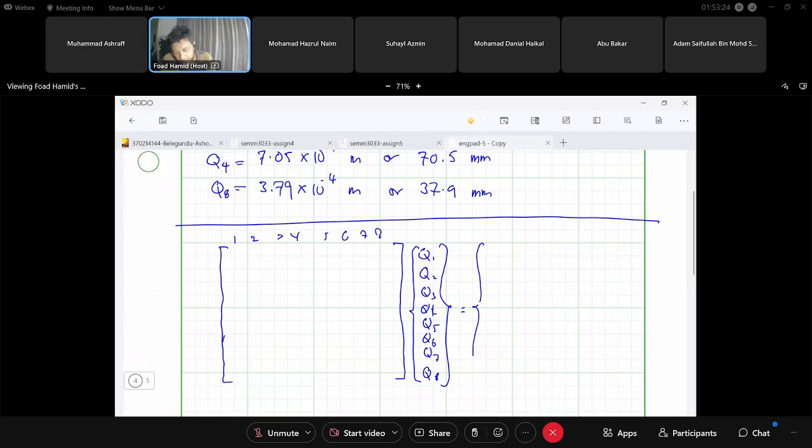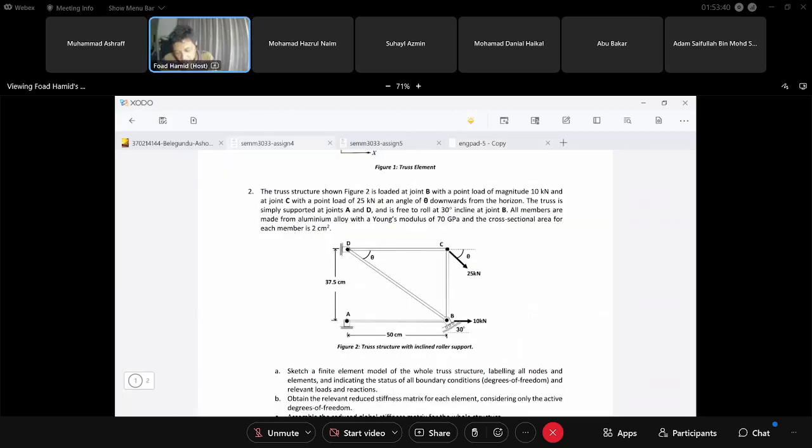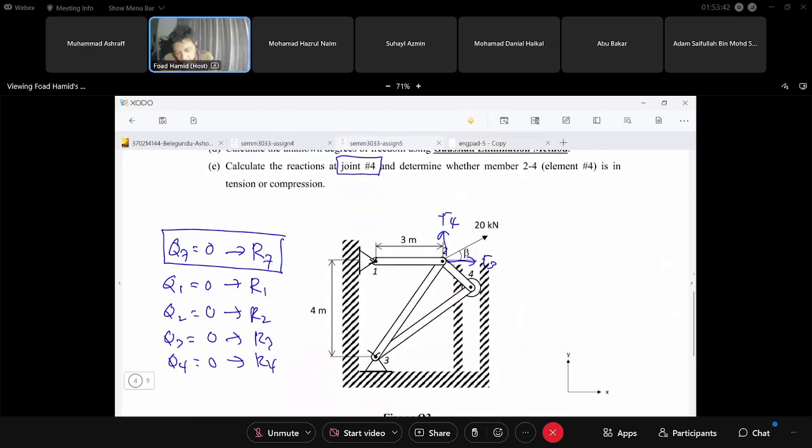So what we have here is only 0, 0. This one we have 1.1412 just now, Q3 and Q4, right? Sorry, yeah, okay, 3 and 4, and then the rest are 0.